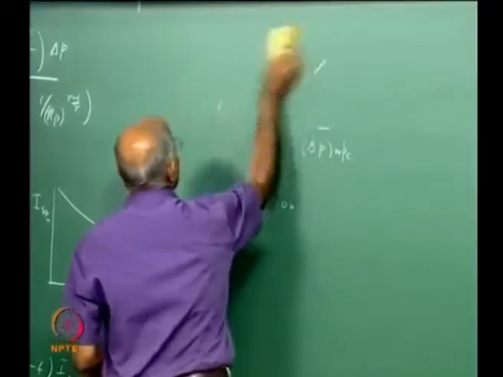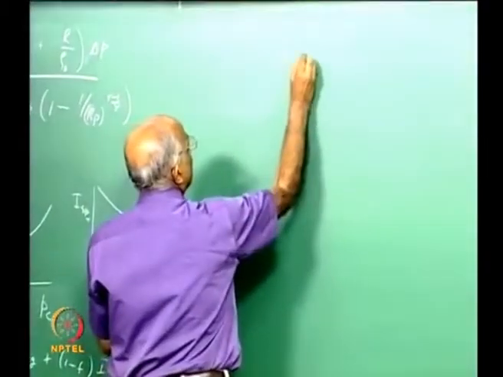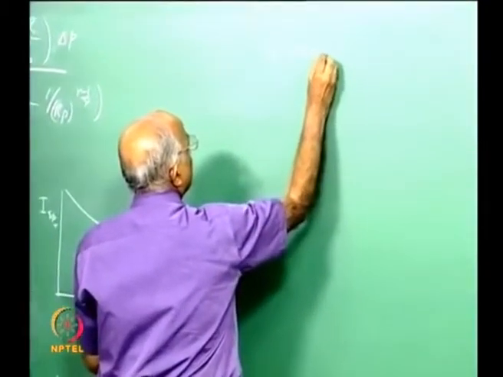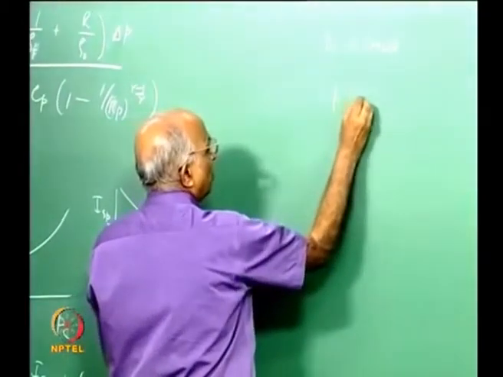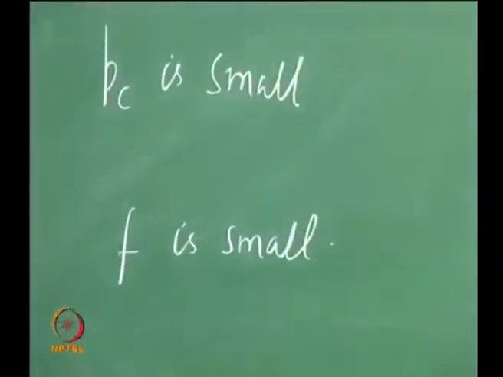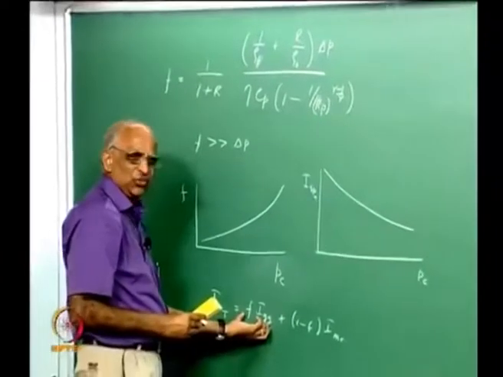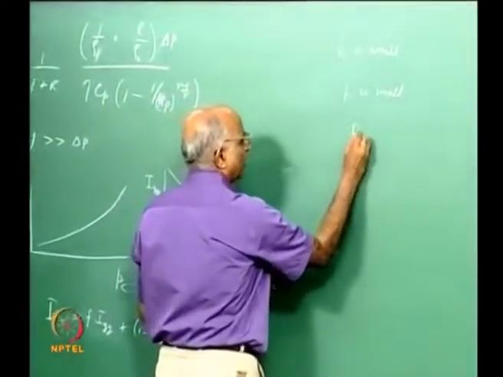The implication is, if my chamber pressure is small, then what do I find? My F is small. If F is small, I do not really waste so much, and therefore my ISP is not much affected.